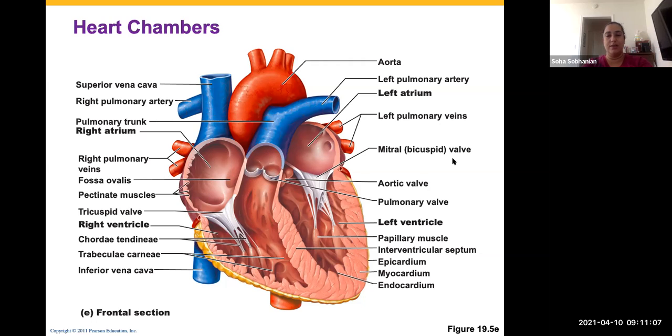So another question. What blood vessels come into your right atrium?